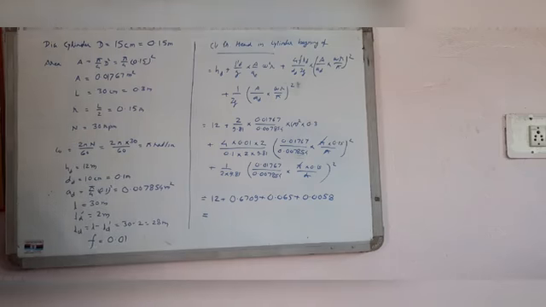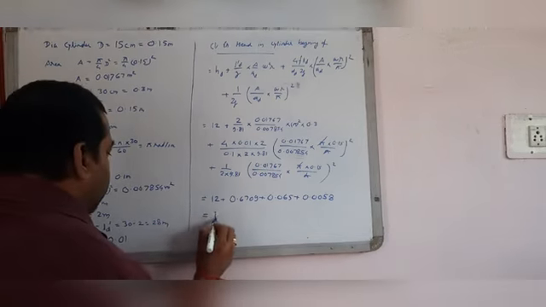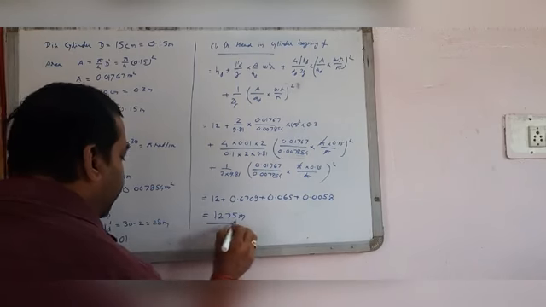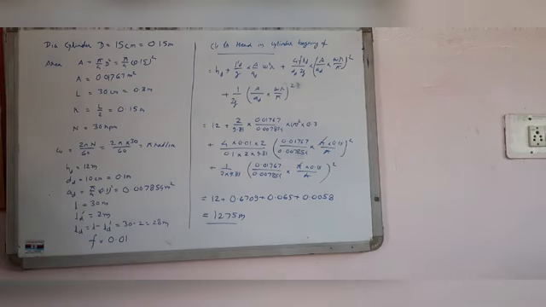So all this comes 12.75 meter. 12.75 meter is the pressure head in the cylinder at the beginning of the delivery stroke.